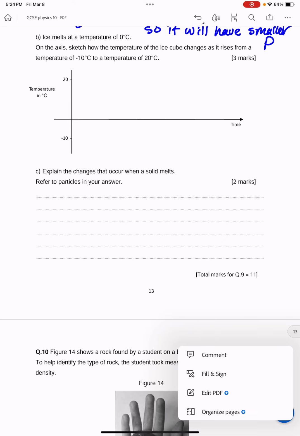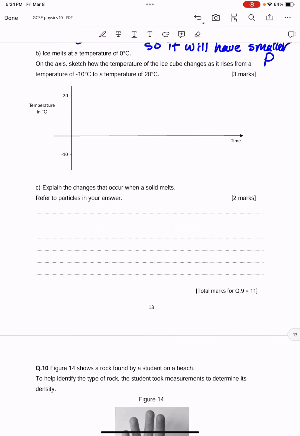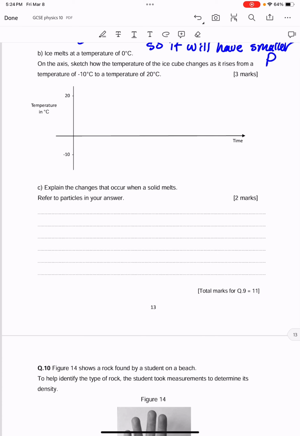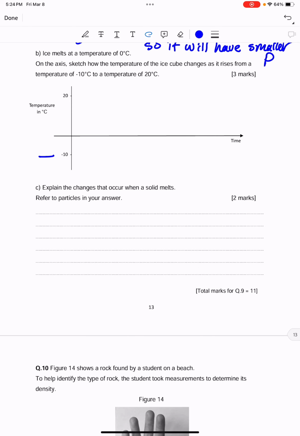And let's go to this part. Now ice melts at temperature of 0. We know that this is the melting point. And on the axis, sketch how the temperature of the ice cube changes as it rises from a temperature of minus 10 to a temperature of 20.